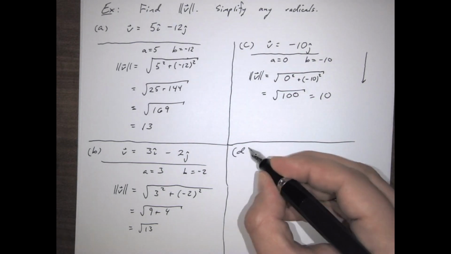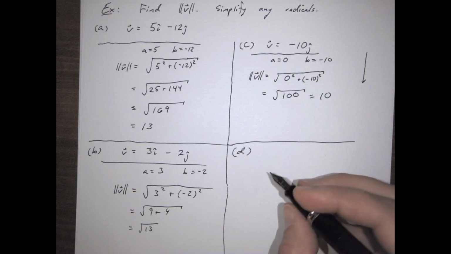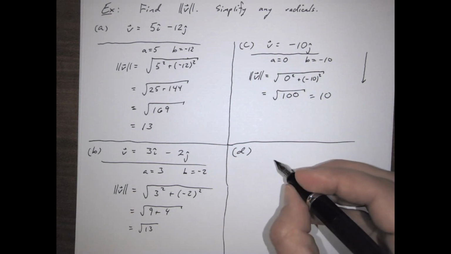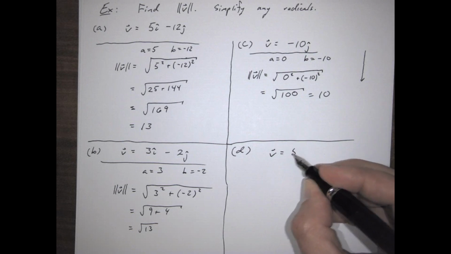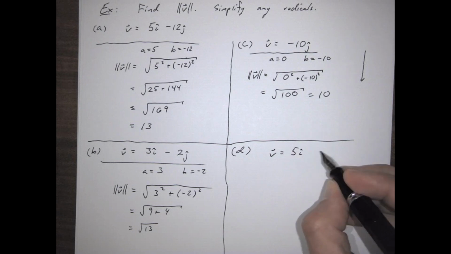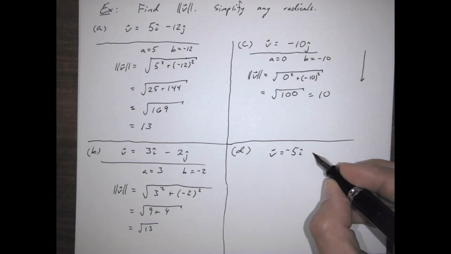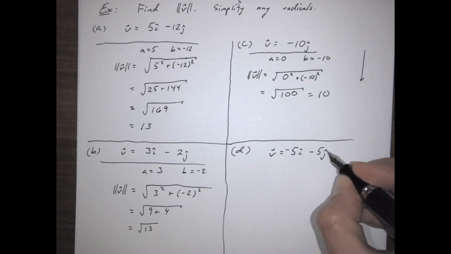And then D, let's say we had something like v equals negative 5i minus 5j.